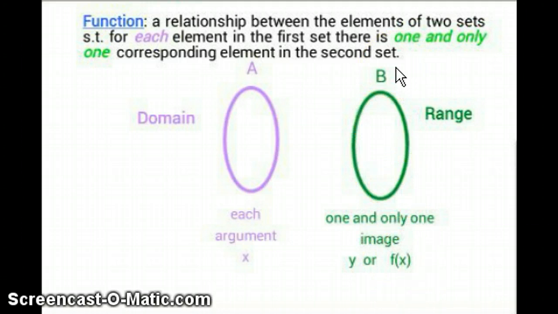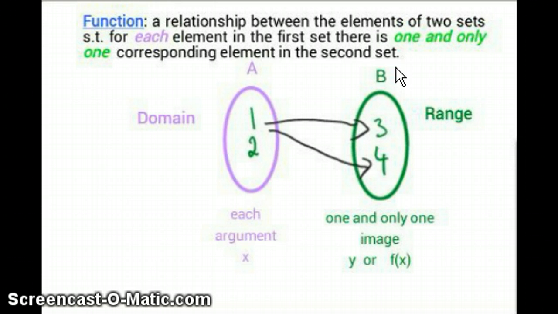I'm going to show you an example here, and you should decide if this is a function or not. So consider 1, 2 in the first set, and 3, 4 in the second set. If I show the correspondence like this, would this be a function? Well, if you said no, yes, you're right, because 2 doesn't have an image. Is it right? That's what you thought? Okay.